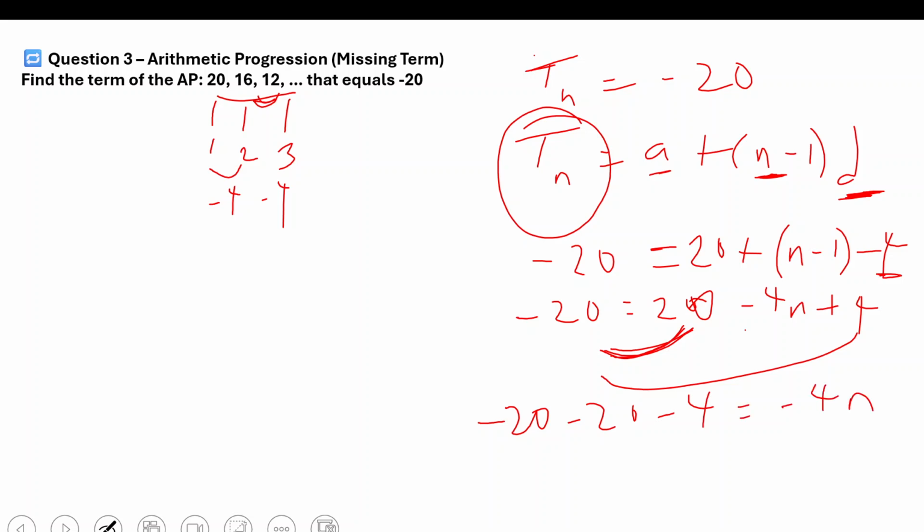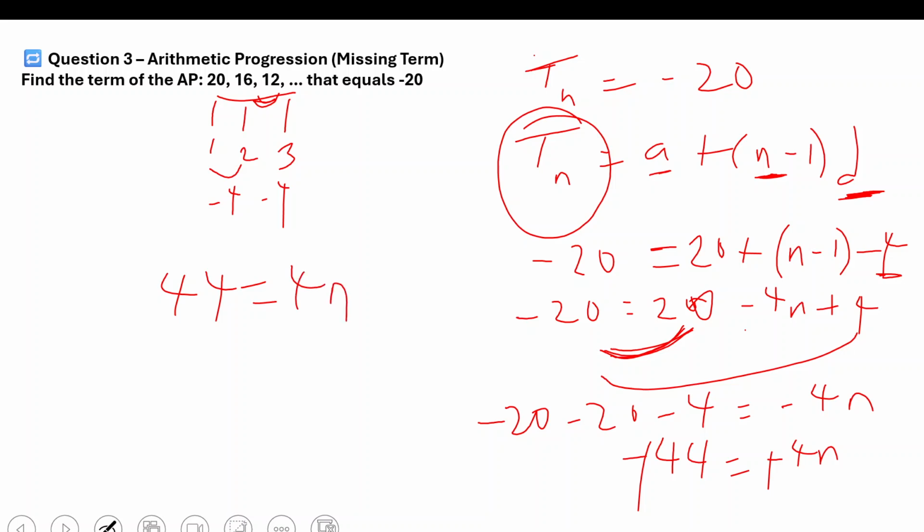So minus 20 minus 20 is minus 40, and minus 40 minus 4 is minus 44. It equals minus 4n. We cancel the minus signs, so I have 44 equals 4n.